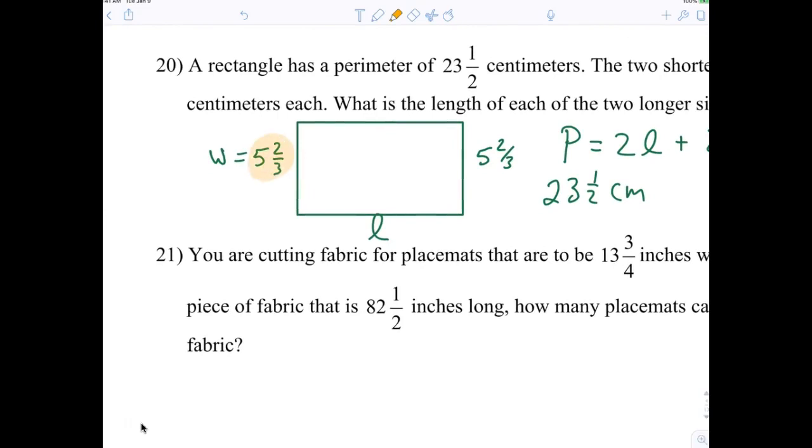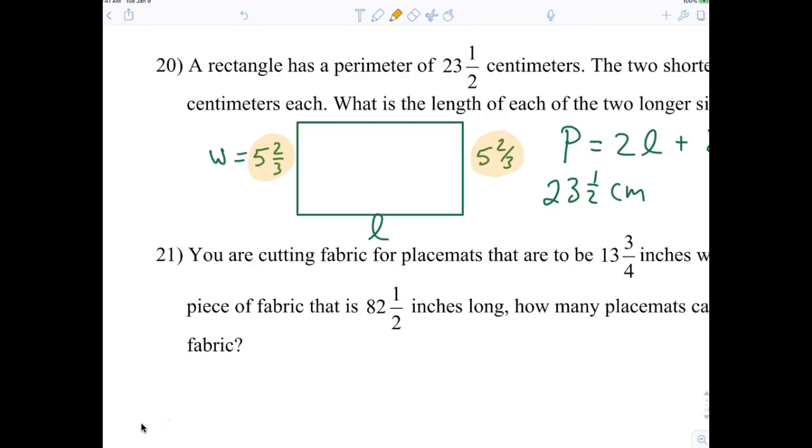That's right. So everybody take your calculator and add up the two widths. Now you could do 5 2/3 plus 5 2/3, or you could do 5 2/3 times 2. So everybody do that. 5 2/3 times 2. And what is that? 11 and 1/3. That's right.